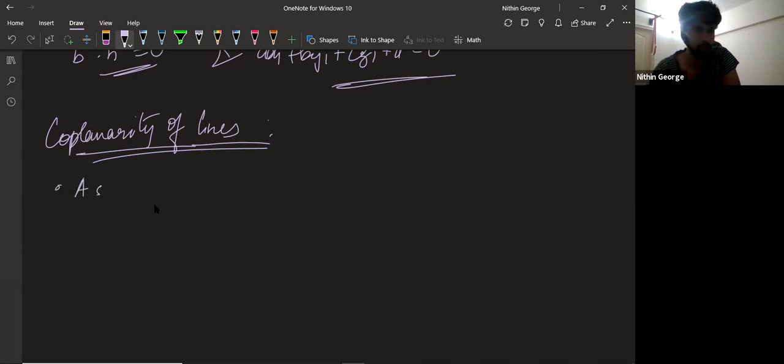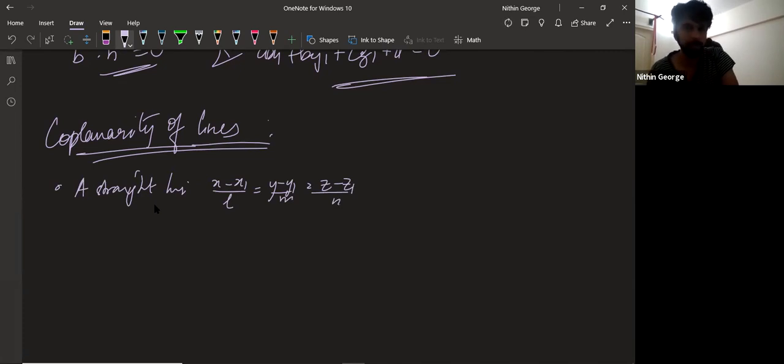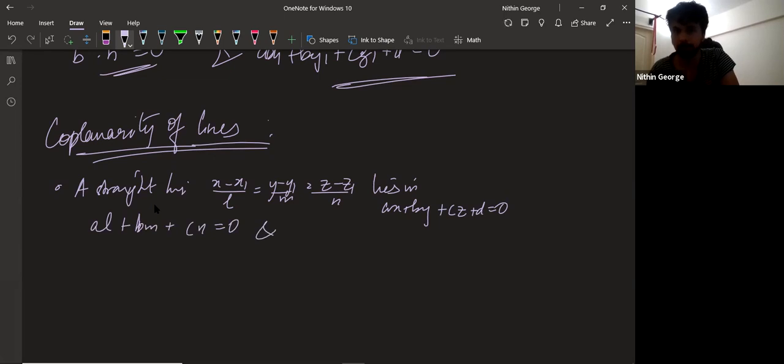Okay, so we already know that a straight line (x minus x1)/L equal to (y minus y1)/M equal to (z minus z1)/N lies in a given plane ax plus by plus cz plus d equal to 0, if Al plus bm plus cn equal to 0, which means they are parallel, and this point x1, y1, z1 lies on the plane, so ax1 plus by1 plus cz1 plus d equal to 0. Okay. So from here, we continue.